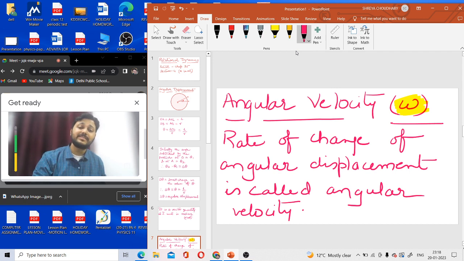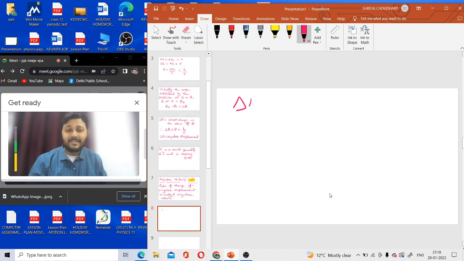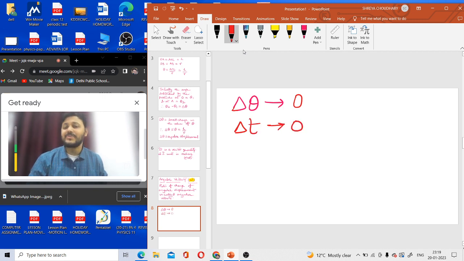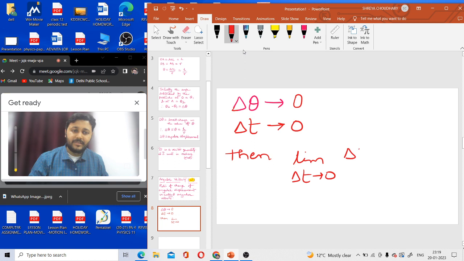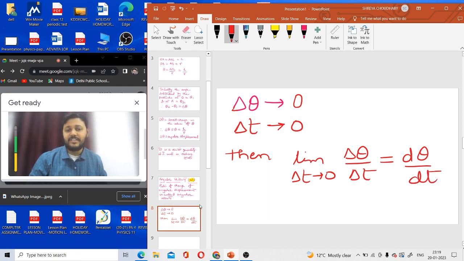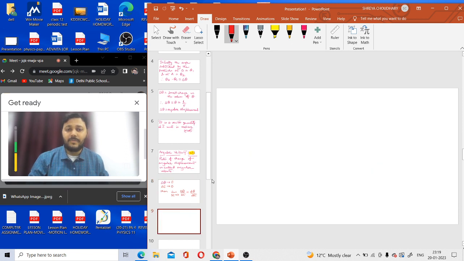So if I suppose that delta theta tends to 0, and with respect to time delta t also tends to 0, then the ratio, we must write down, limit delta t tends to 0, delta theta upon delta t changes to d theta upon dt, and this d theta upon dt will be termed as omega.